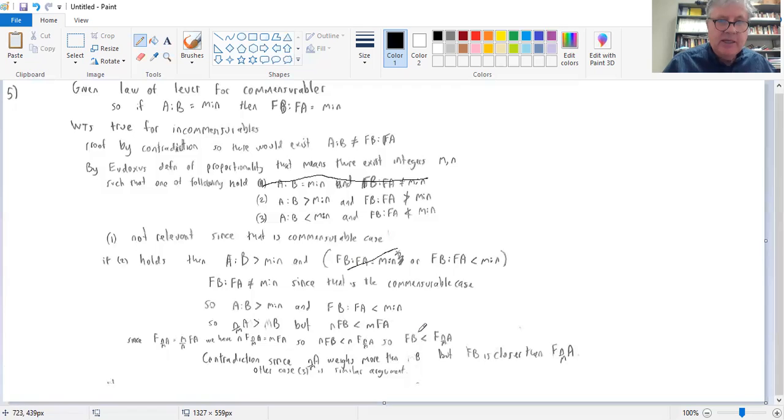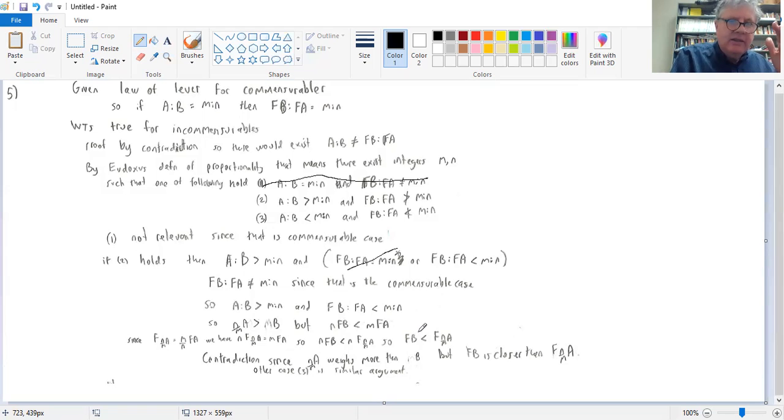So what happens now? If A is to B is greater than M is to N, that means N over M times A is greater than B, but N times FB is less than M times FA.